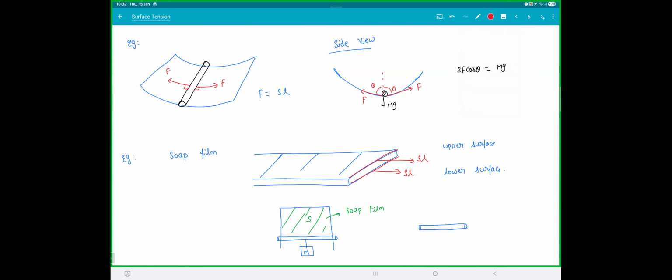One surface tension force is because of the back side film, S L. Think of it like a page: there's a front side and a back side, and there is one force on the front. So a soap film will always give two forces. And the rod's weight is mg, and equilibrium will say 2SL is equal to mg. Is that making sense, everyone?